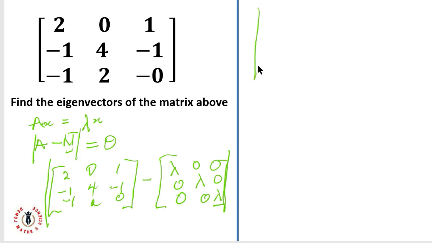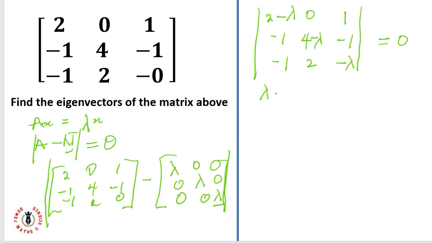This will translate to 2 minus lambda, 0, 1, minus 1, 4 minus lambda, minus 1, minus 1, 2, and here will be negative lambda, is equal to 0. I've shown how to solve this in detail.